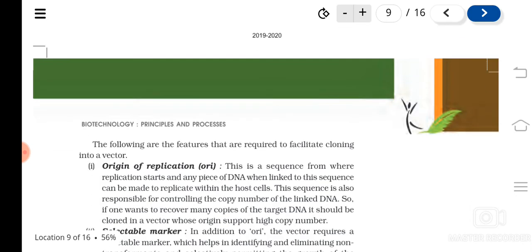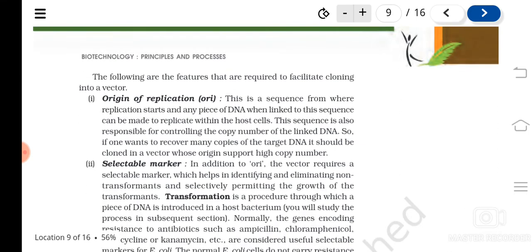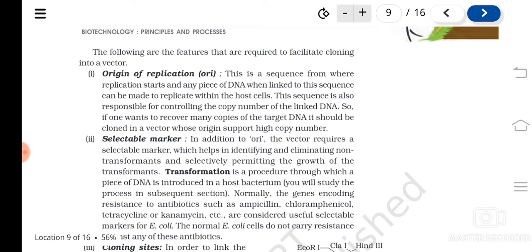Then, if you want to take a vector for our experiments, it should have some features. So let's see what the features are. The first is the origin of replication. Origin of replication means a sequence, a piece of DNA, which is needed for the replication to start.